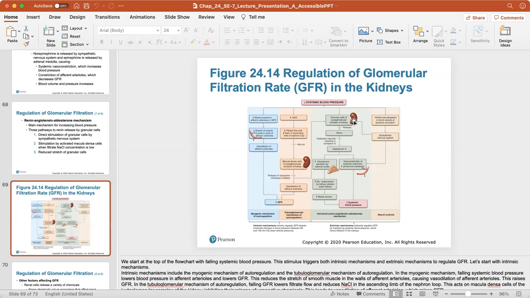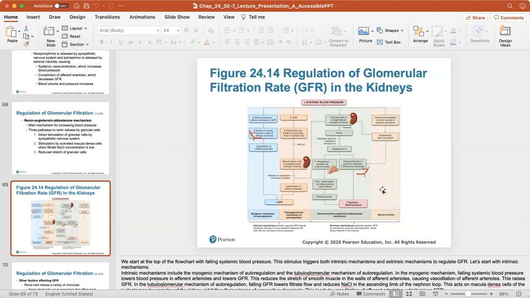Then we have granular cells of the juxtaglomerular complex of the kidney releasing renin, which will catalyze a cascade resulting in the formation of angiotensin 2. Angiotensin 2 increases aldosterone secretion by your adrenal cortex, which increases sodium reabsorption, and water will follow to try to increase blood volume.